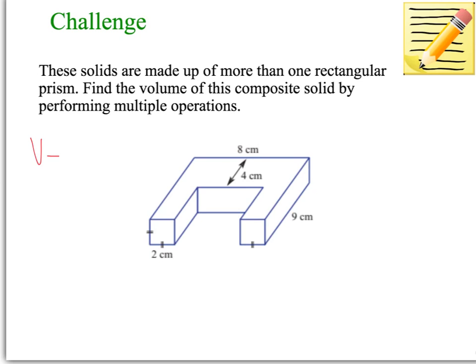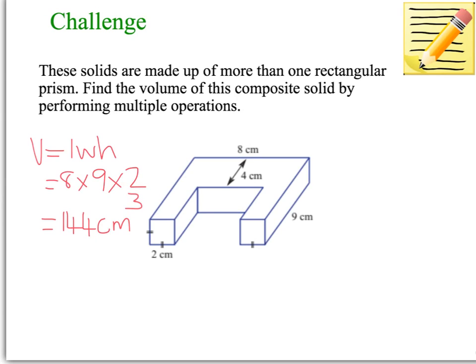So volume equals length width height. 8 times 9 times 2. 9 eights are 72, times 2 is 144. So that's 144 centimeters cubed. Now that's the total volume, not taking into account the hole.